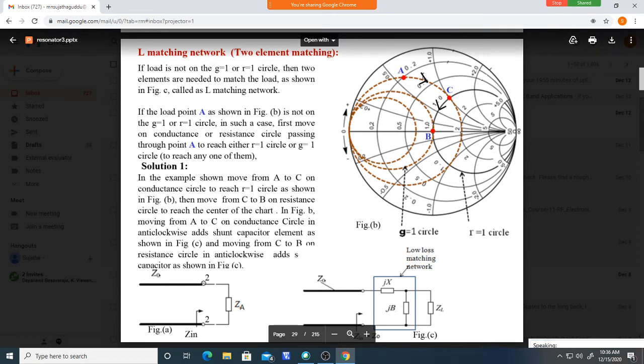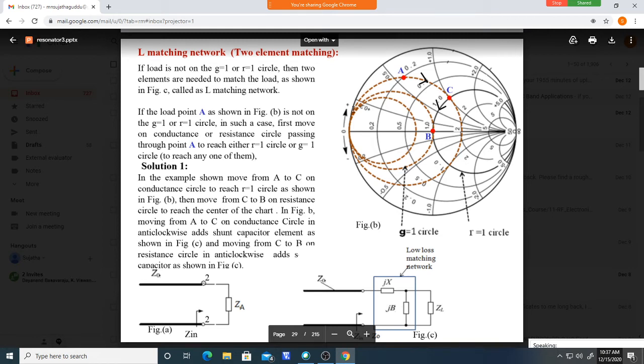Okay, so moving on, from this point you can move like this also. If you move like this, what happens from here? If you want impedance matching, or if you want 50 ohm, if you move like this, do you get 50 ohm? You cannot move like this. And from here if you move like this, do you reach the 50 ohm?